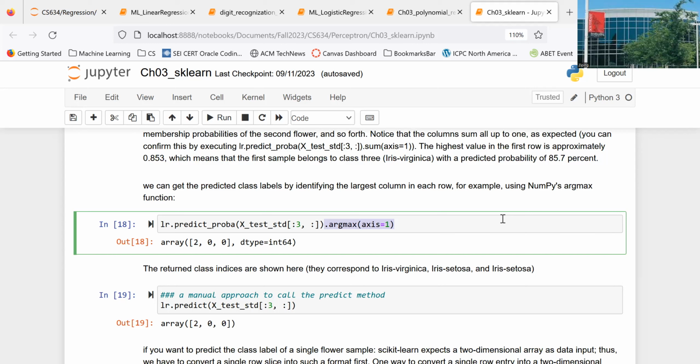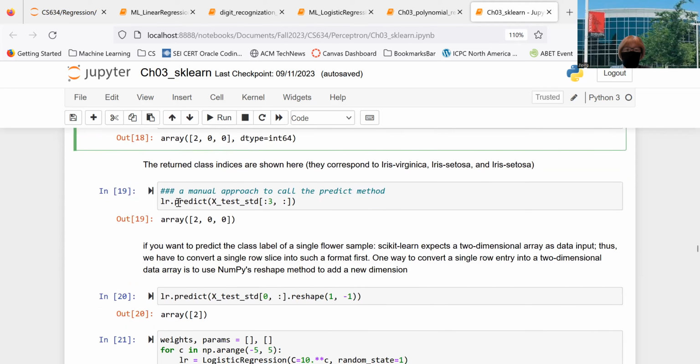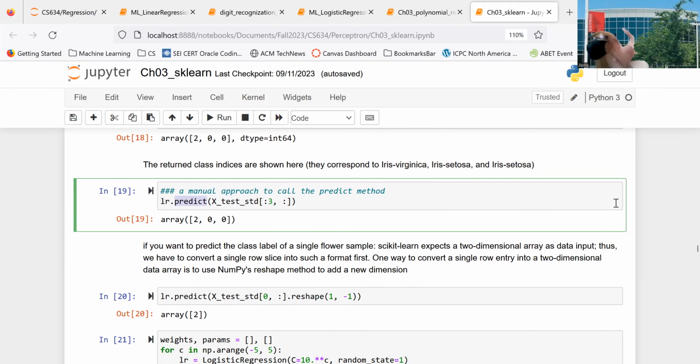For this case, you want to know which class it is. The first sample is the third flower. The second sample is the first flower. The third one is the first flower. And you can also call predict. Predict will also tell you which class it is.